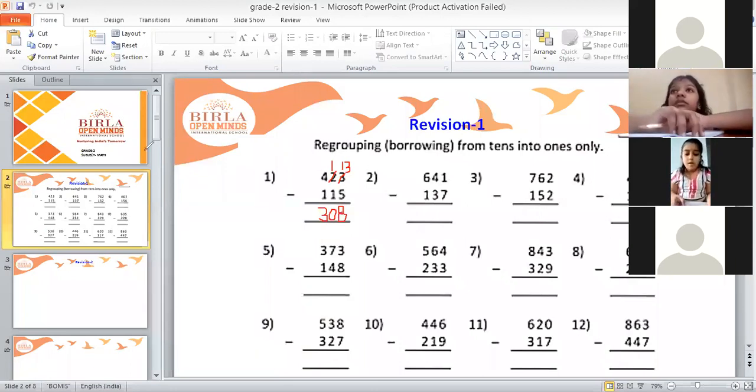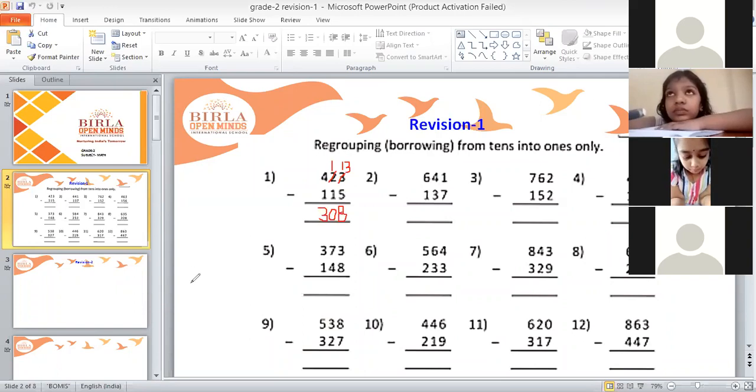Wrong. That's wrong. Krishika, you tell me from where we will take borrow. Unmute yourself. From one, ma'am. Okay, we will take borrow from 1.